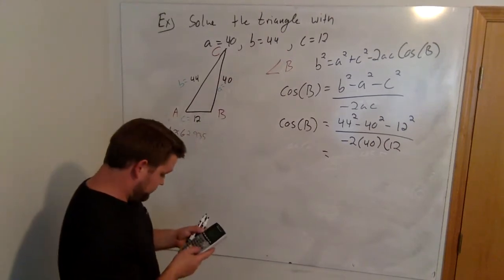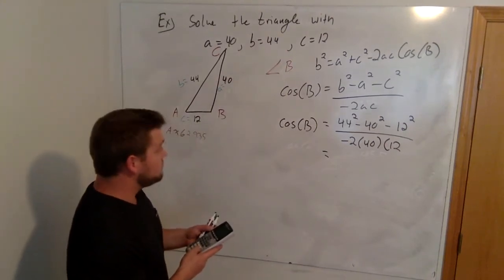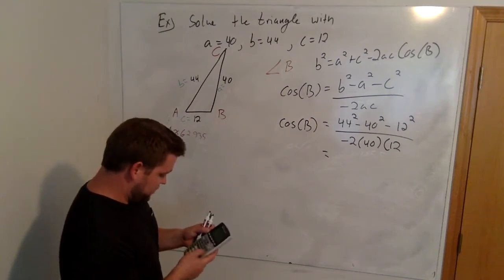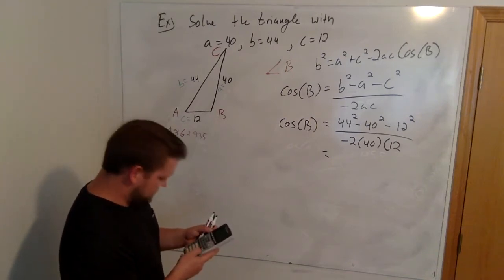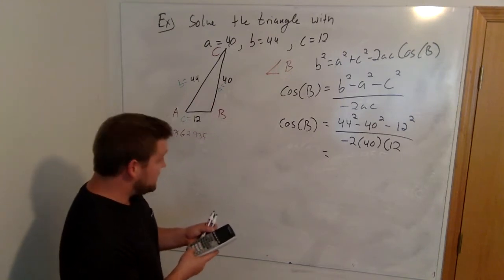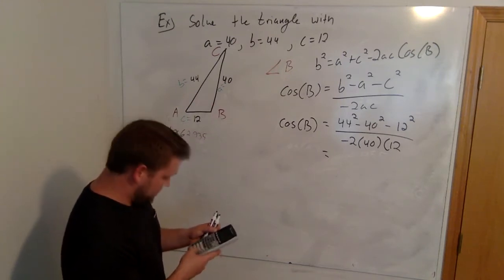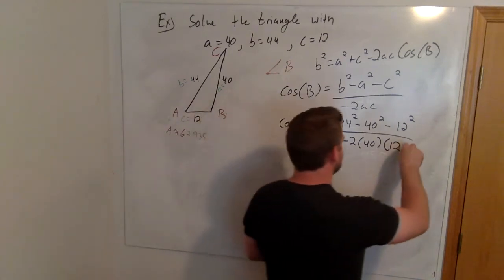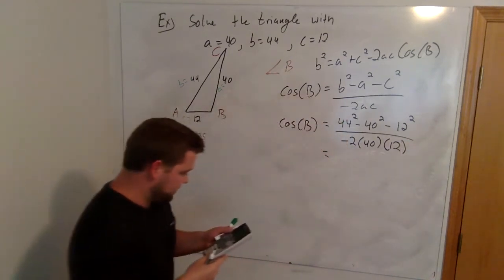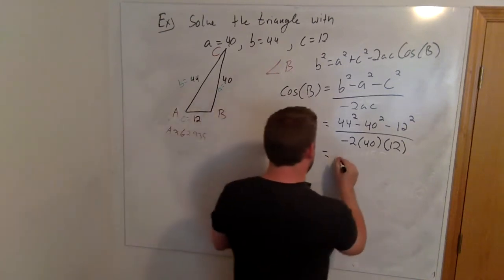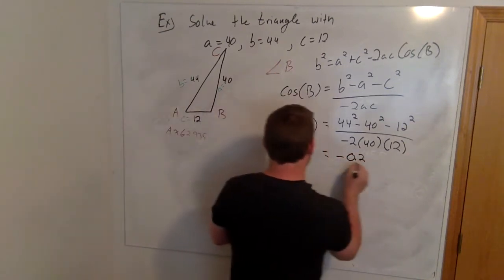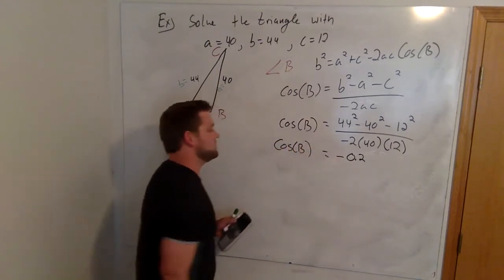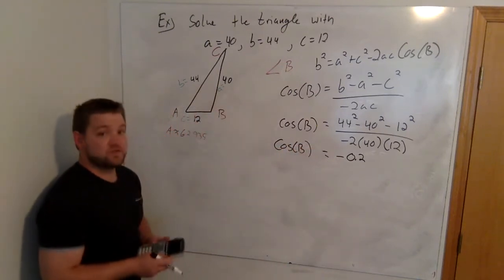So 44 squared minus 40 squared minus 12 squared, close the parenthesis, and let's divide that by negative 2 times 40 times 12. Need to close this parenthesis right here. Okay, let's see what we get. I'm getting negative 0.2. The cosine of B is negative 0.2.